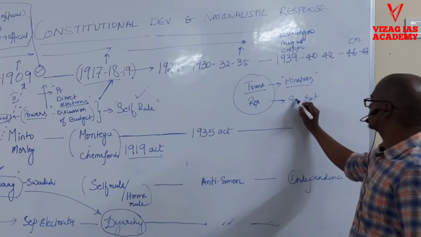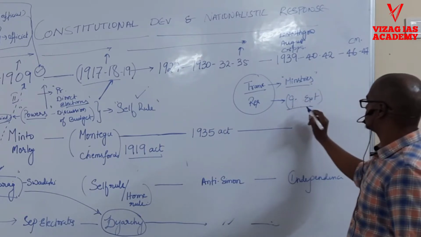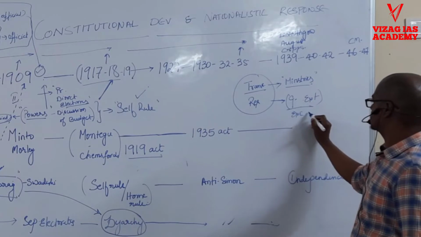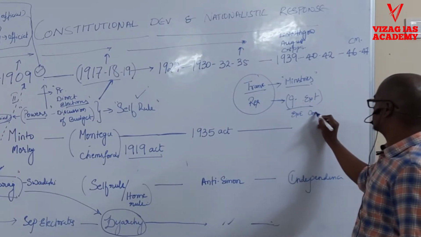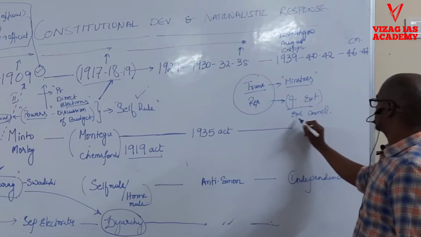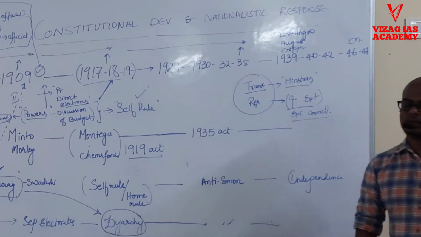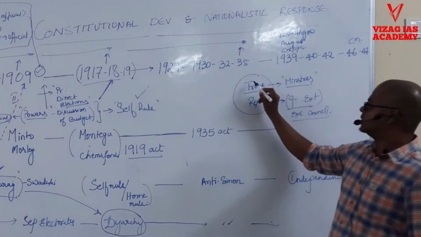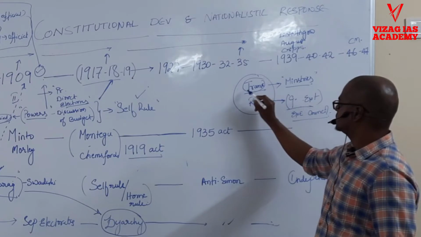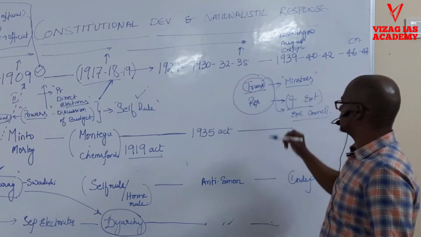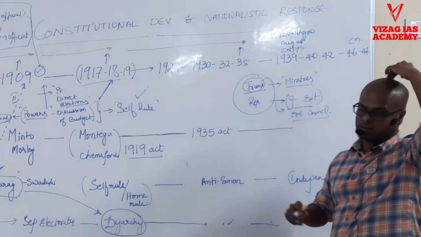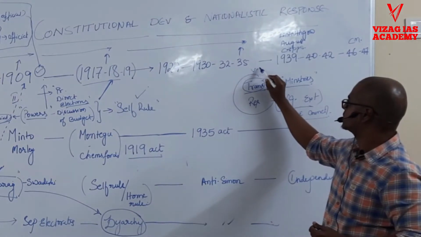Even for the transferred subjects, the governor has final control over them, and finally it will be the viceroy.